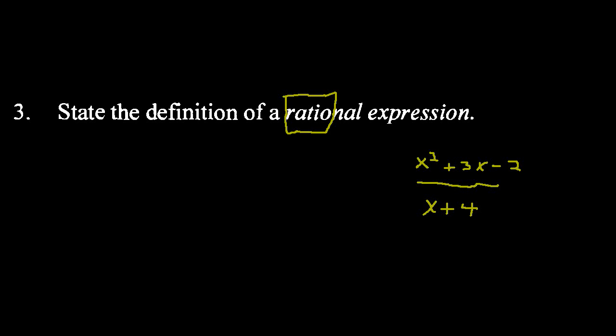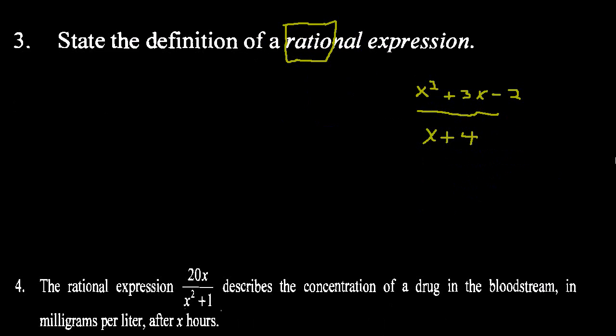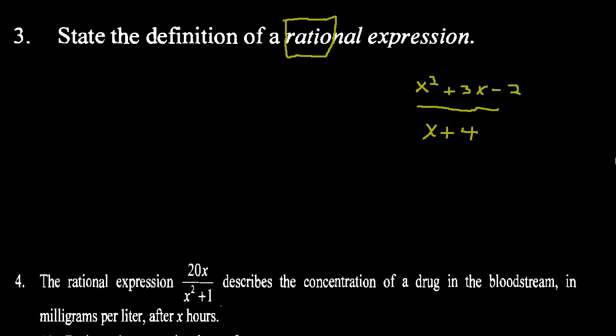Now I'm probably not too sure if that's what a rational expression actually is, but if I go down and look at the very next problem, it says a rational expression, and then it has something that looks somewhat similar to what I've just written. And so maybe I have written a rational expression.